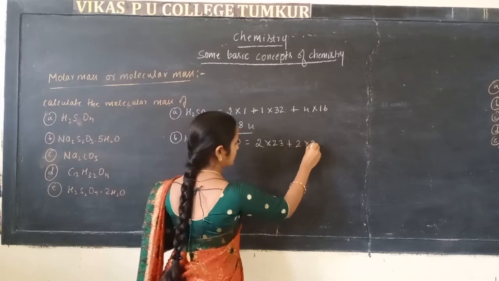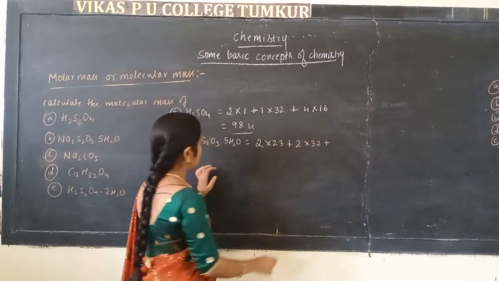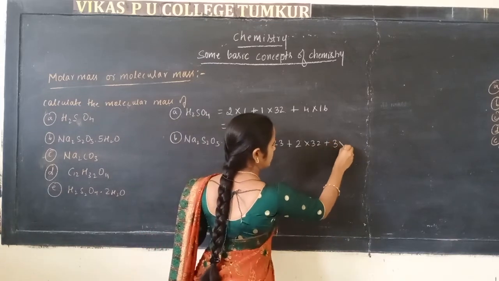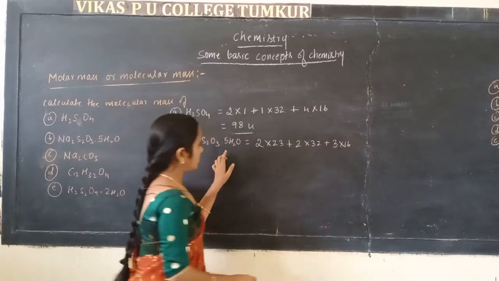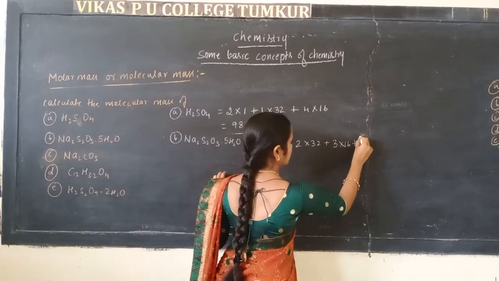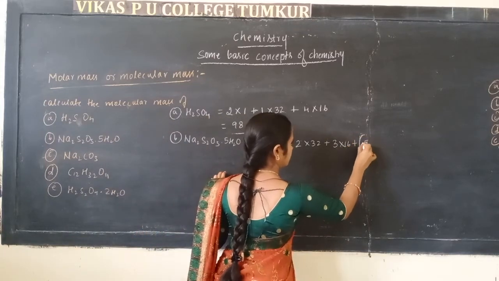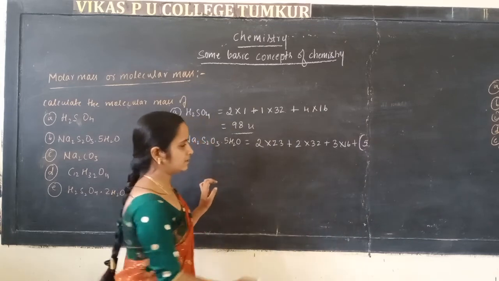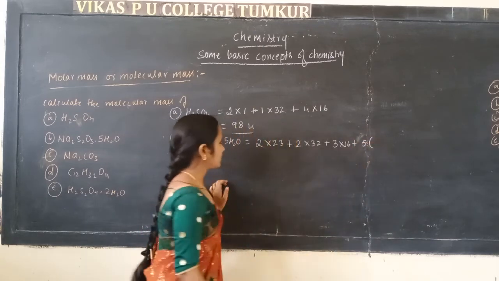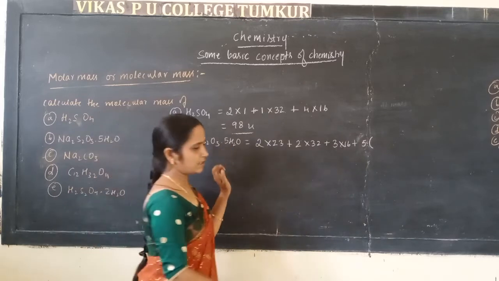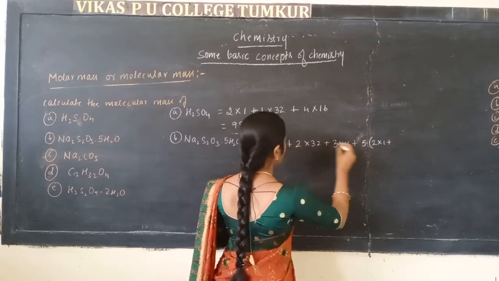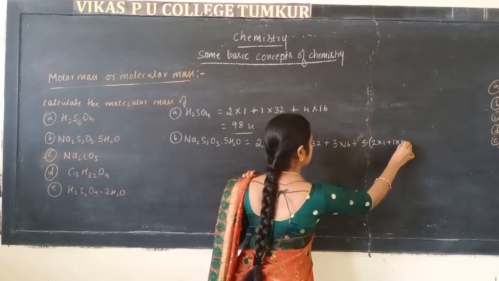Plus oxygen, 3 atoms in this, so 3 into 16. Plus 5 into water: the number of hydrogen atoms is 2, so 2 into 1 plus 1 into 16.